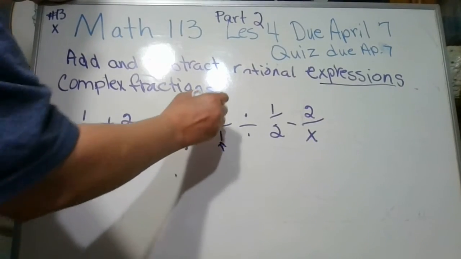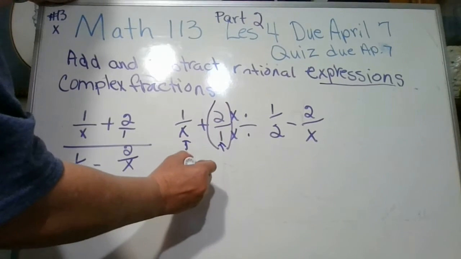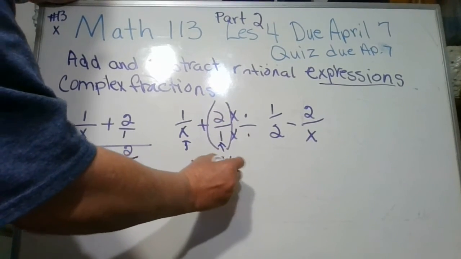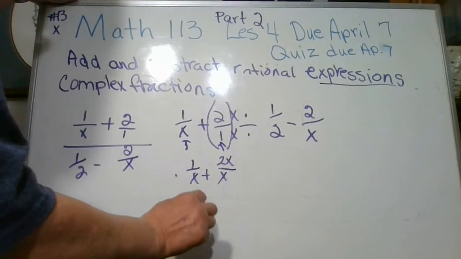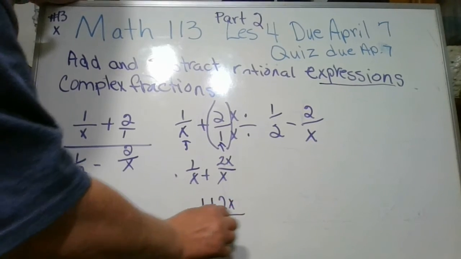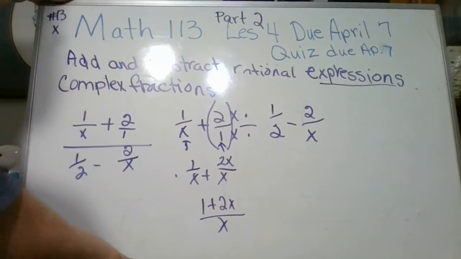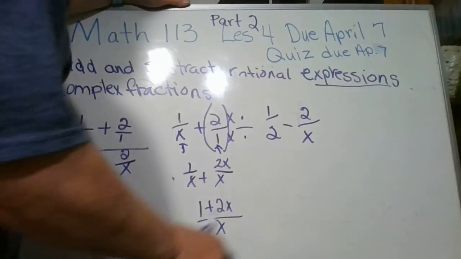So it looks to me like I'm going to have to multiply this side by x over x. So I'm going to have 1 over x plus 2x over x. So now I can put that together as 1 plus 2x over x. Just like we were doing a while ago, adding the rational numbers.